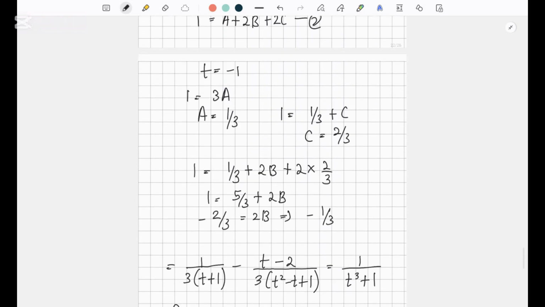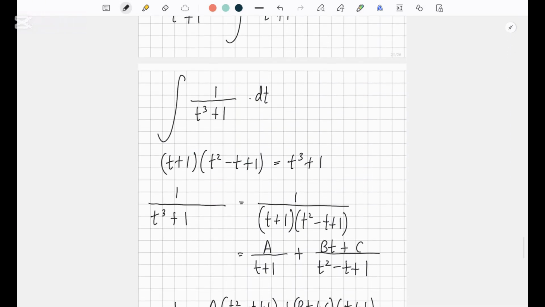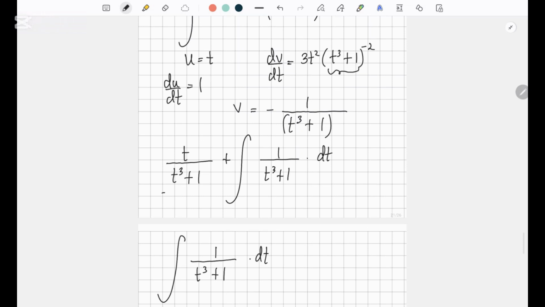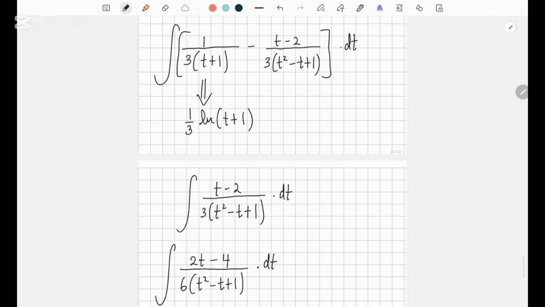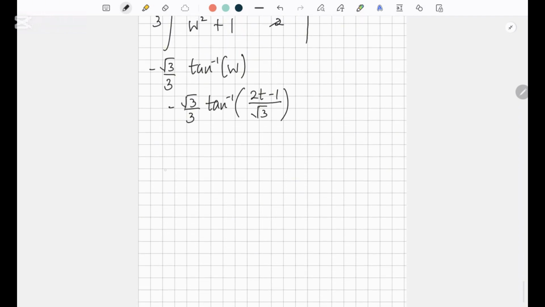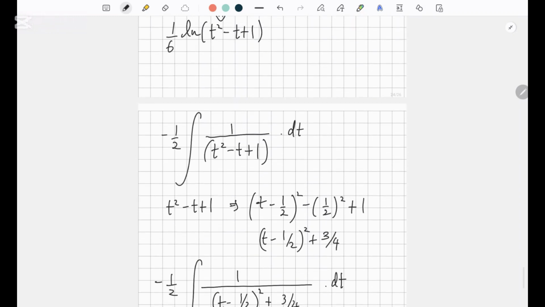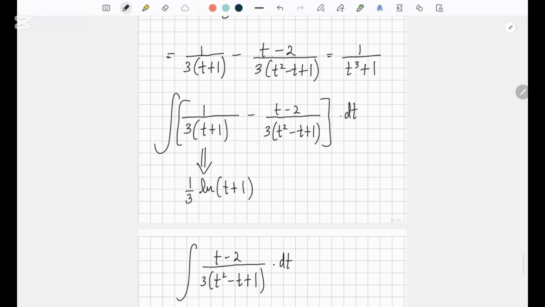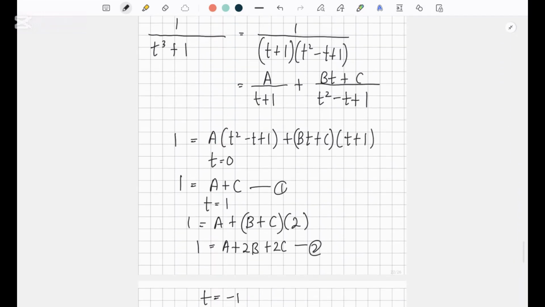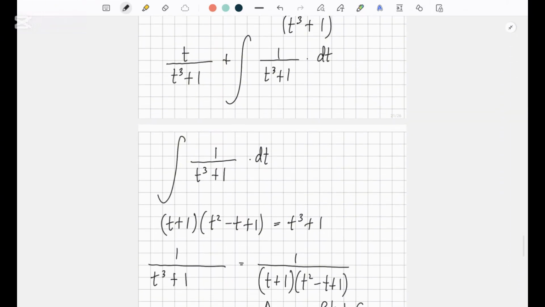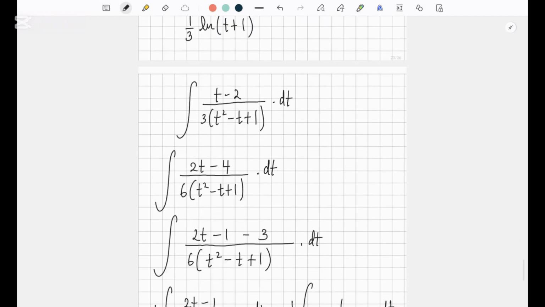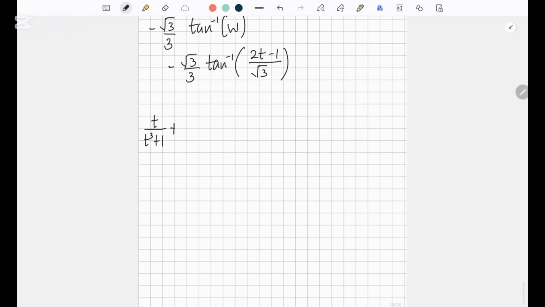So if I go to the top, the first answer we had was t over t cubed plus 1, and then we had, was it plus or minus? I need to recheck here. Plus 1 over 3 ln t plus 1.